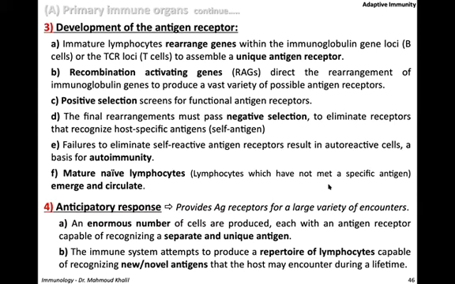And the immune system always tries to produce a repertoire of lymphocytes capable not only of recognizing current antigens, but also of recognizing any new or novel antigen that the organism may encounter during its lifetime.